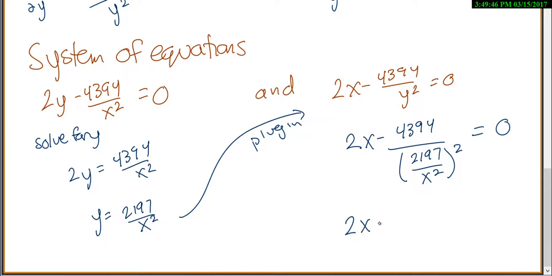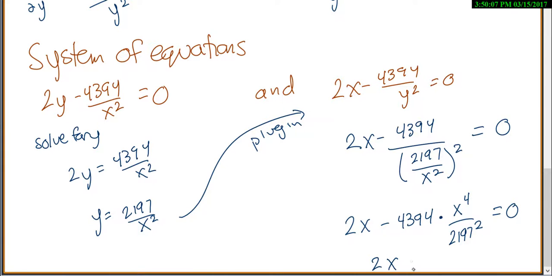Let's see, so we have 2x minus, this is a 4394. Now we're dividing by a fraction. So instead of dividing by a fraction, you can flip it upside down and multiply. And we'll go ahead and square. So this is going to be x to the 4th over 2197 squared equals 0.